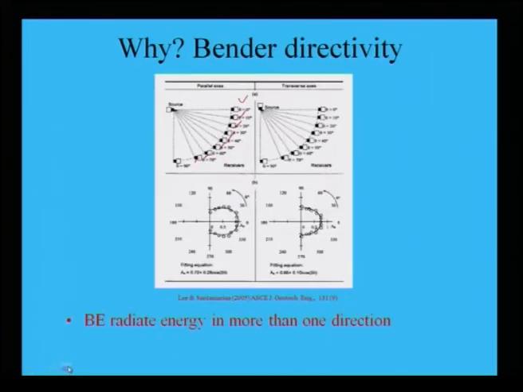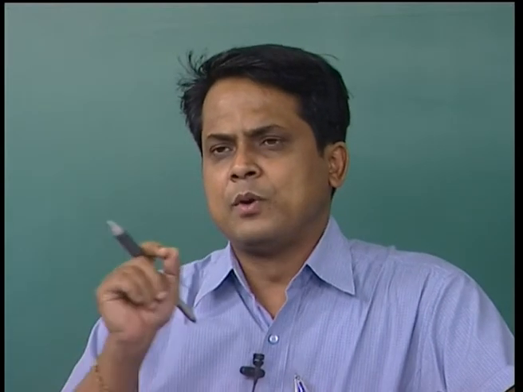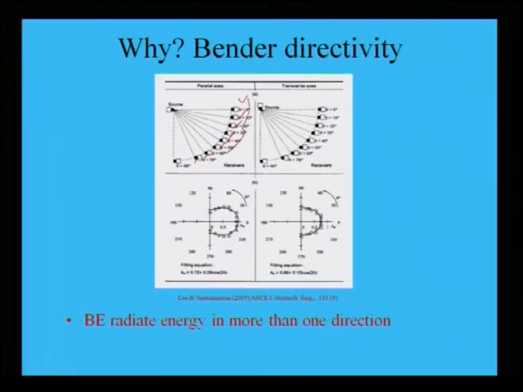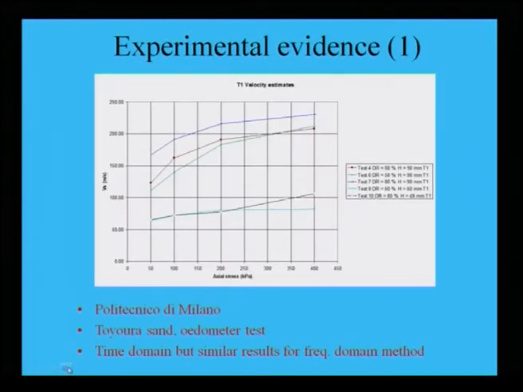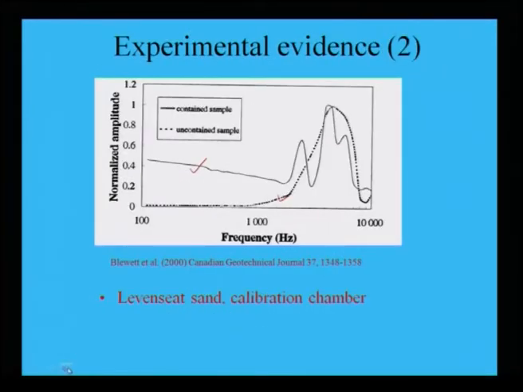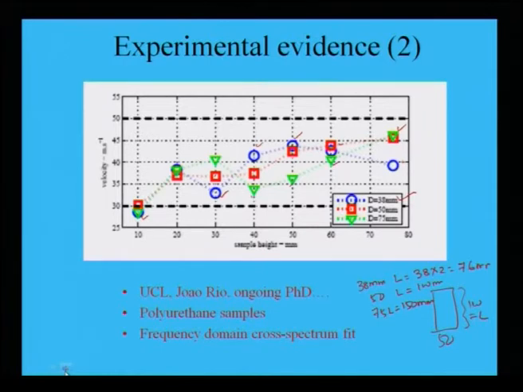Now, the Bender element travels radially, radiating energy in more than one direction. The moment the source inside the soil sample is allowed to travel, it will travel in more than one direction. These are all your experimental evidences: case 1, case 2 is your confined sample, and evidence 3 is with the sample size.